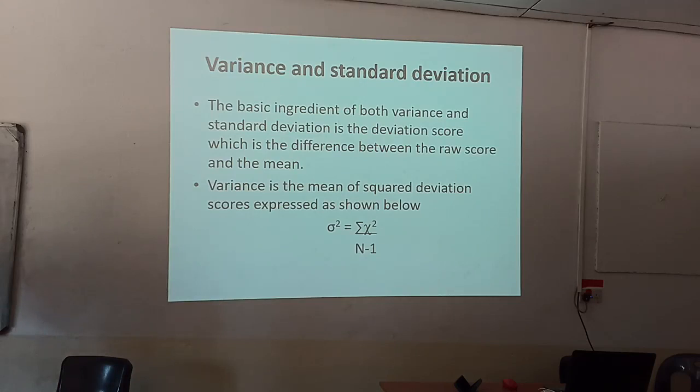So for each score in the distribution, you compute the deviation score. For the lowest score, it should be minus 8 point something, minus 9.4. Good.